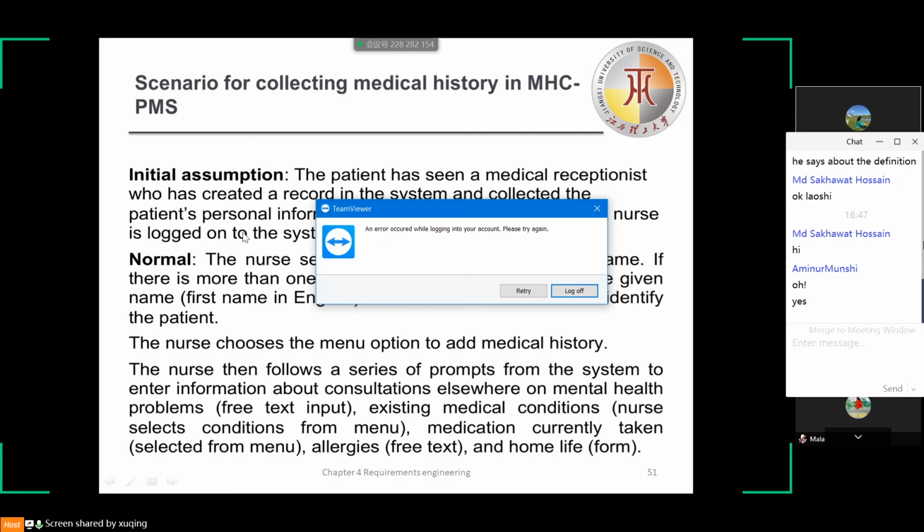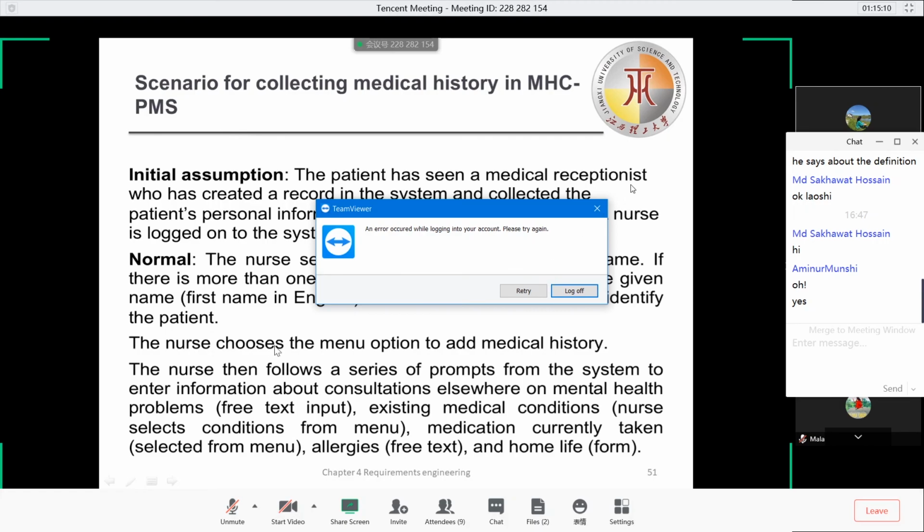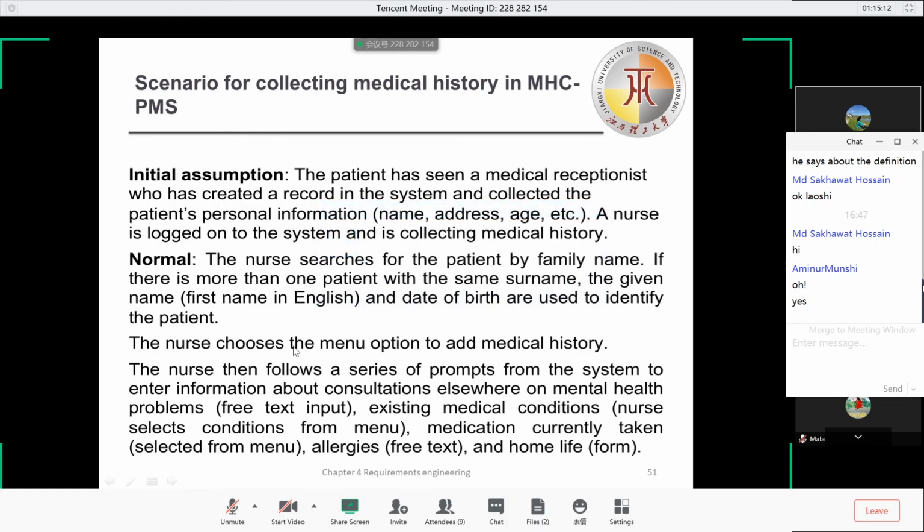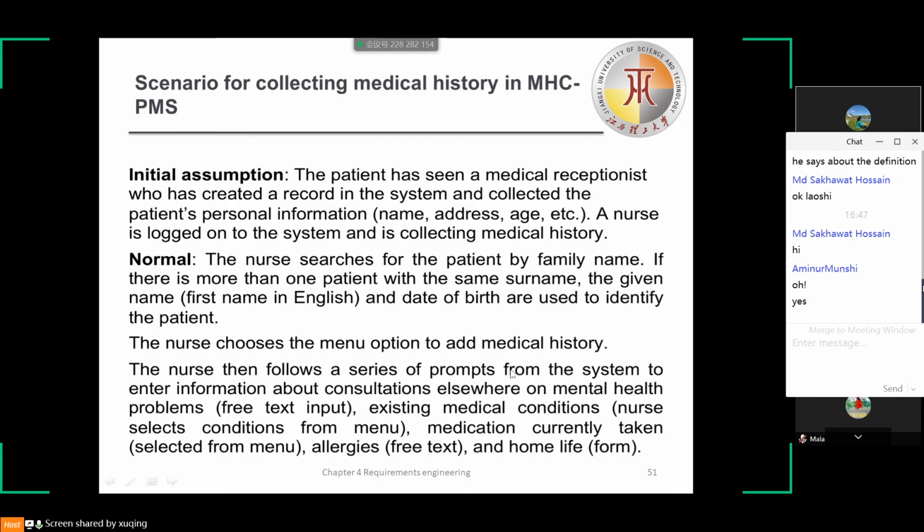A nurse is logged onto the system and is collecting medical history. Here, normally, the nurse searches for the patient by family name. If there is more than one patient with the same surname, the given name and date of birth are used to identify the patient. Then the nurse chooses the menu option to add medical history.